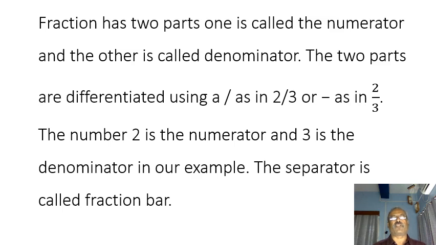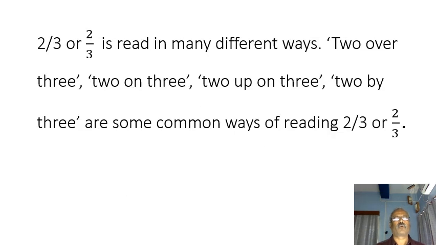The separator is called the fraction bar. 2/3 or 2 bar 3 is read in many different ways. 2 over 3, 2 on 3, 2 up on 3, 2 by 3 are some common ways of reading 2/3 or 2 bar 3.